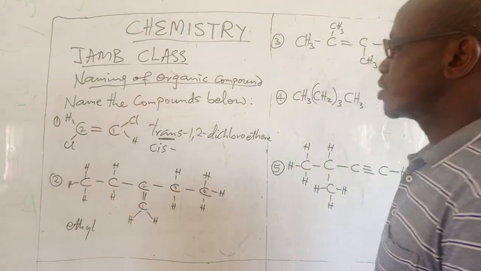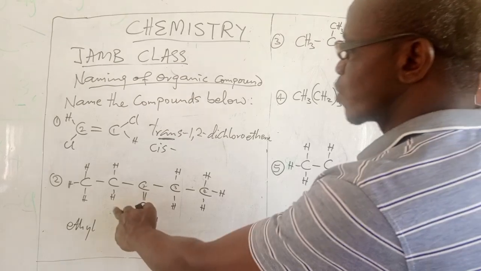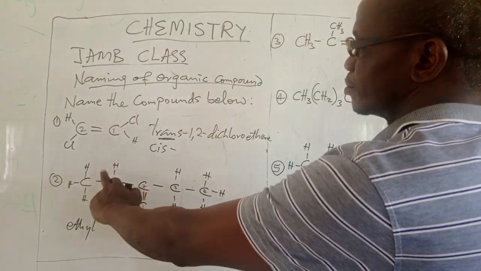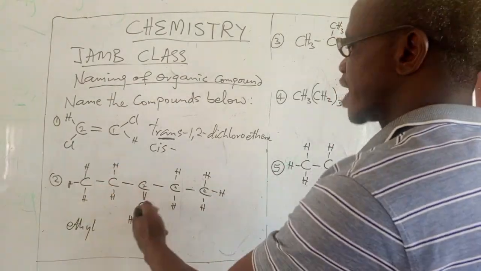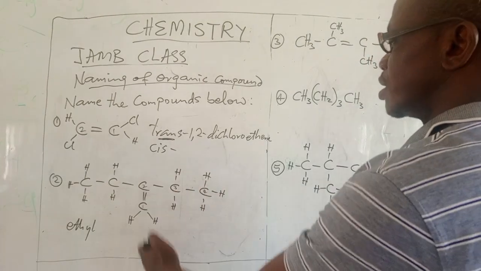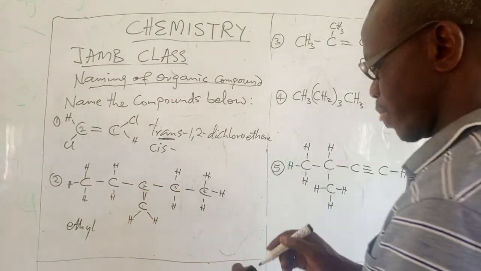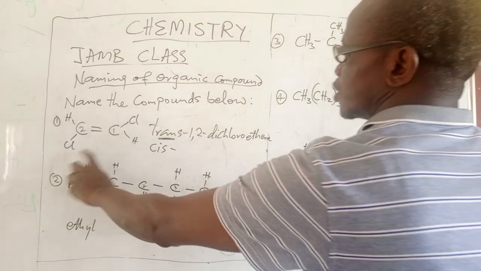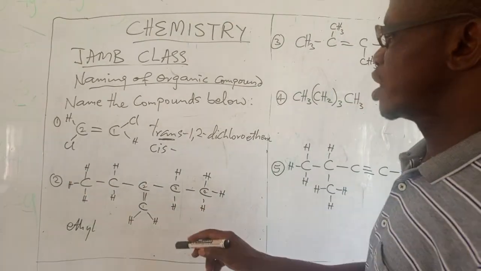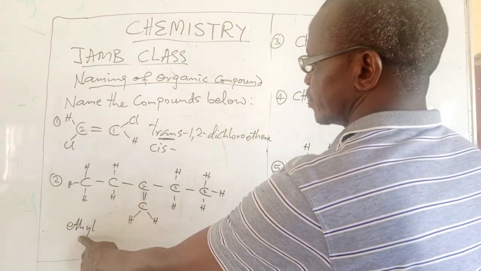So we will now say, you check where that ethyl group is attached on the long chain, the chain you have taken and counted. It is attached to carbon 2. So you now say 2-ethyl.